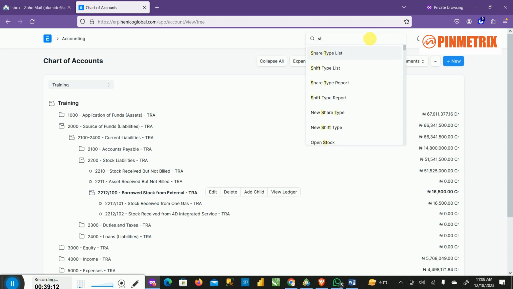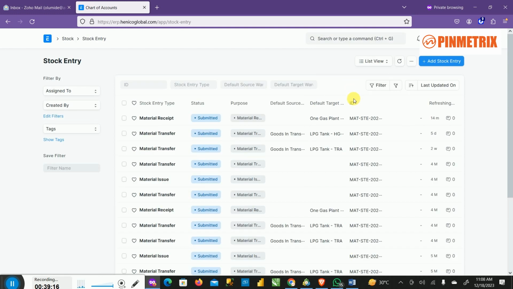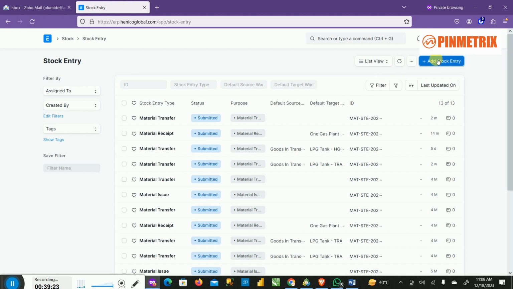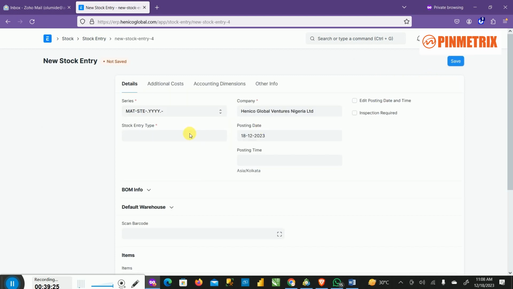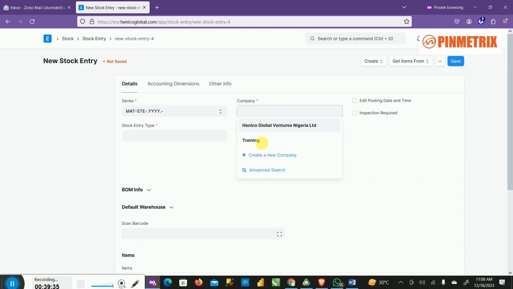So you go to your stock entry, but this time around, instead of choosing material receipt, you are choosing material issue. So this time around, what I do is pick this. Remember, we're doing training. This network is slow, so let's do this.